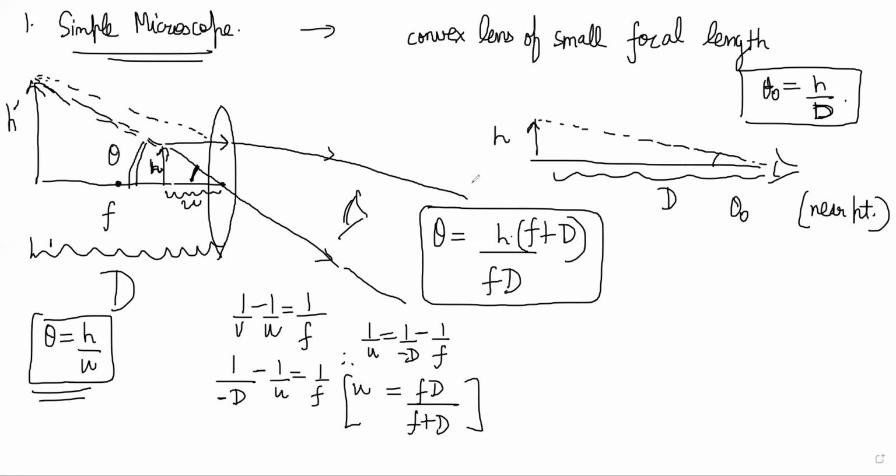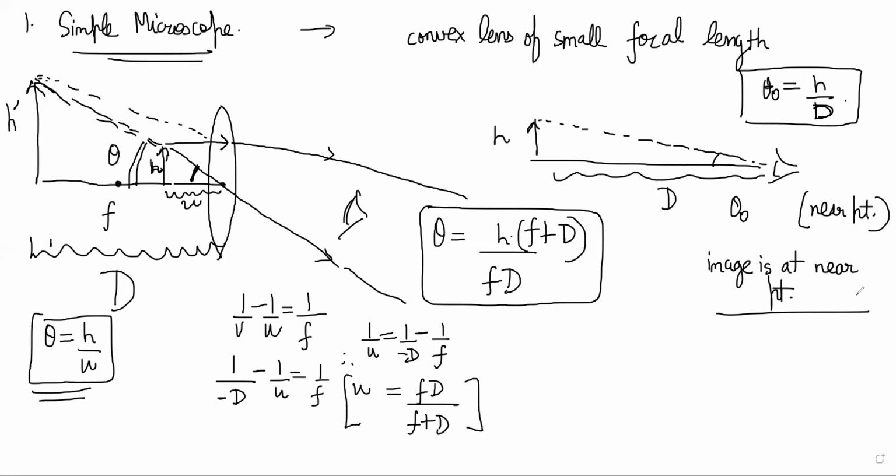So this is the case where you're operating the simple microscope in such a way that the image is at the near point. Image at near point means your eye is actually quite strained to look at it, because when you look at things close, you have to strain your eyes. All the muscles are contracted then. It's not in a relaxed state.